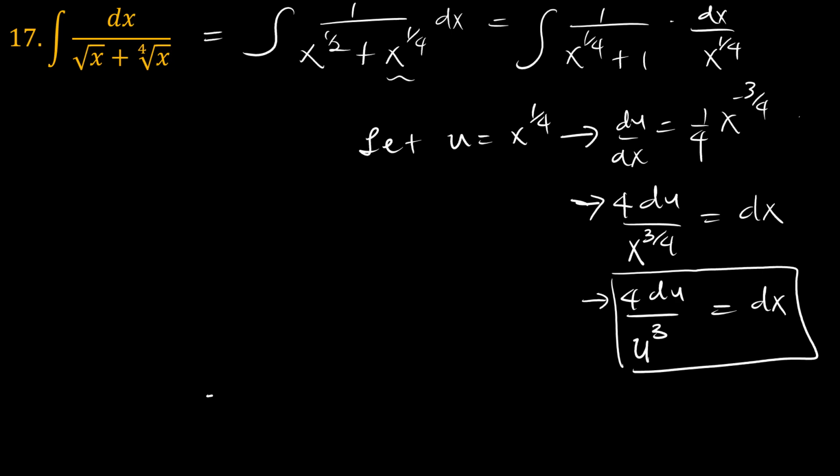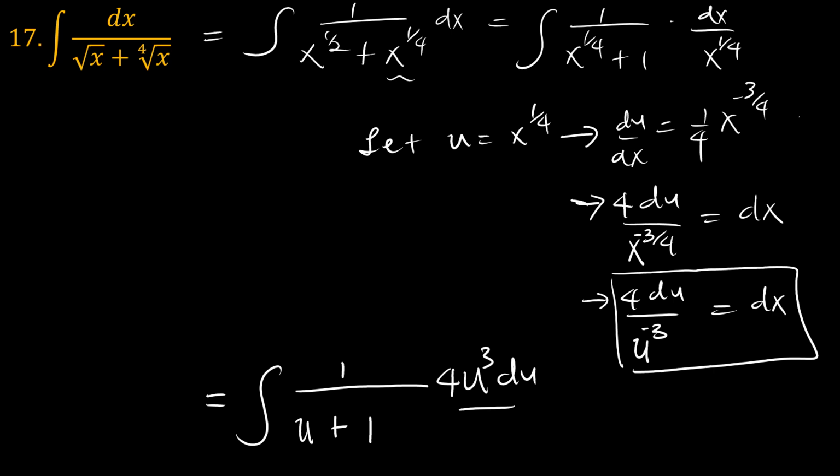Therefore, our problem in the u domain becomes, sorry, rather, in other words, 4 u cubed du over u squared times u plus 1.